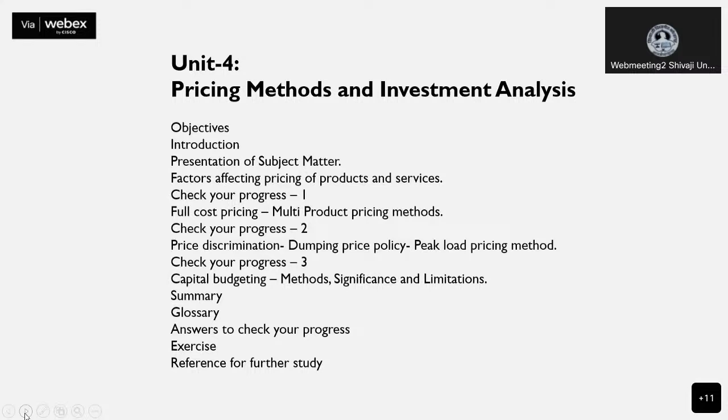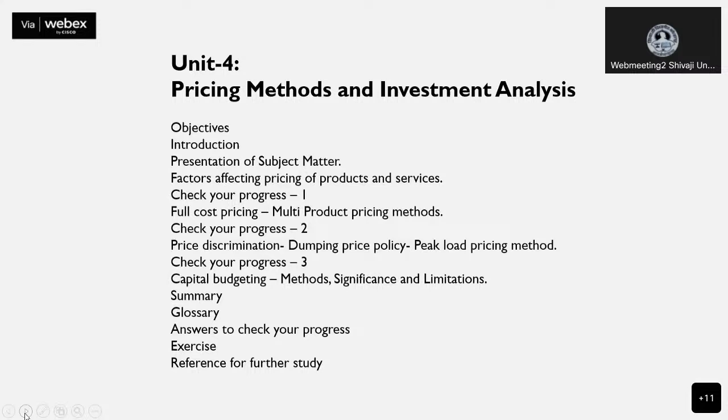Because in the university examination, we are not going to deal with objectives or multiple choice questions. As per the revised paper pattern, in the previous session we discussed the question paper pattern for paper one, Principles of Management.